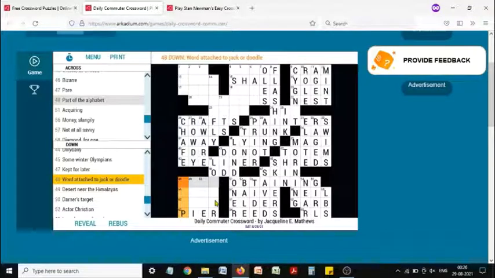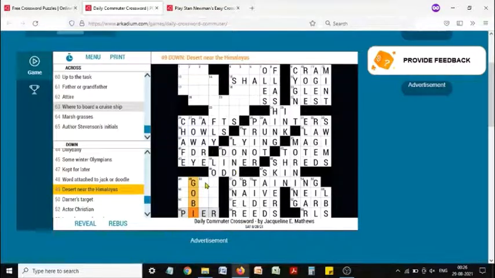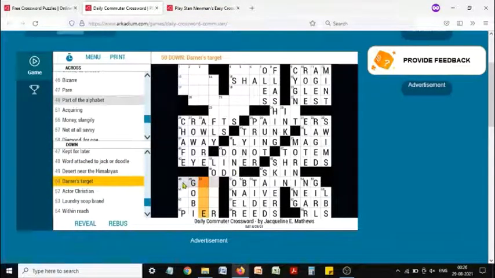Word attached to jack or doodle. Jack, hammer, jack, jack. No, this is Gobi. 50 down, darner's target.